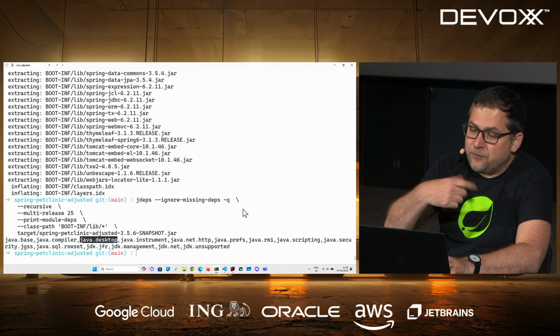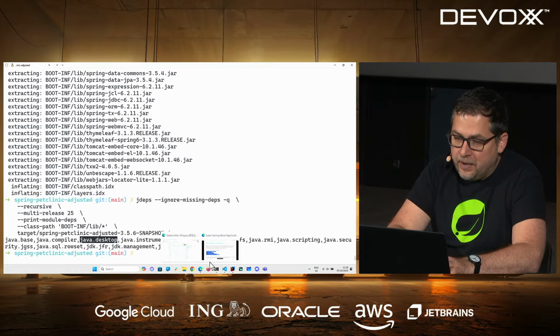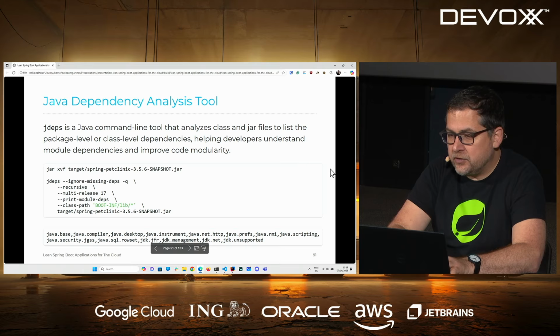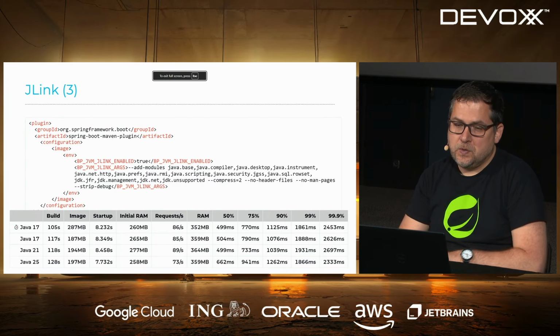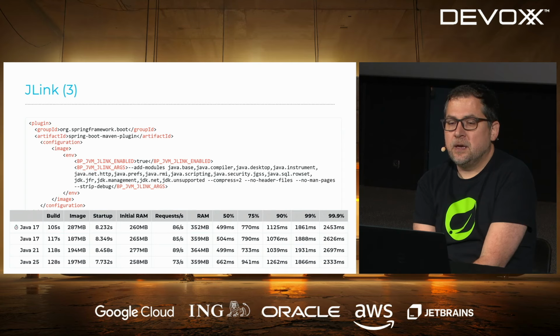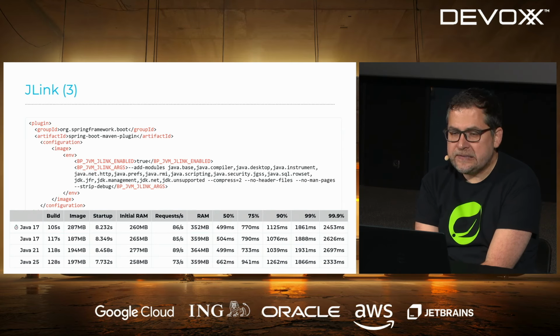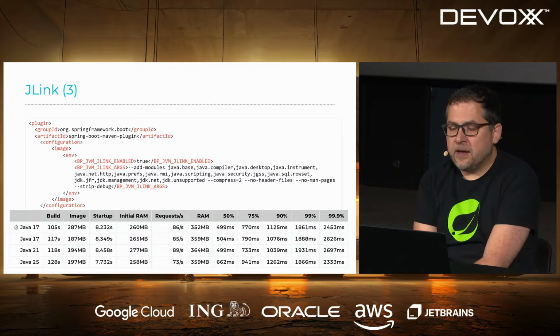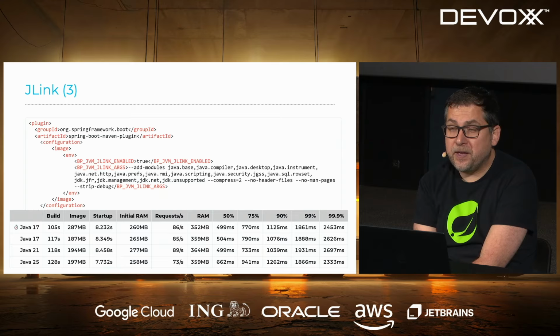So if I now copy the output from JDeps, I could optimize my JLink, and that looks like this. So I can say I want to have JLink in my buildpack. I just pass the modules with the arguments and list them. And I say I want to compress it. I want to have no header files, no man pages, strip out all the debugging things because I do not debug in a container.